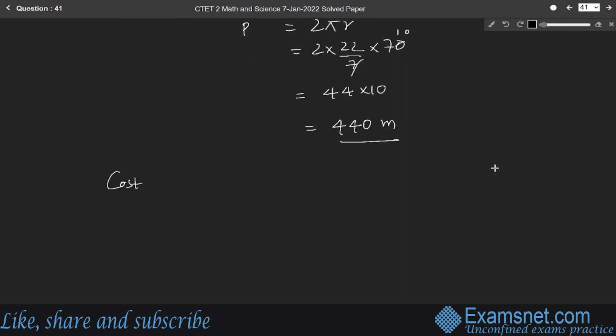So cost of fencing per meter is equal to 12.50 rupees.